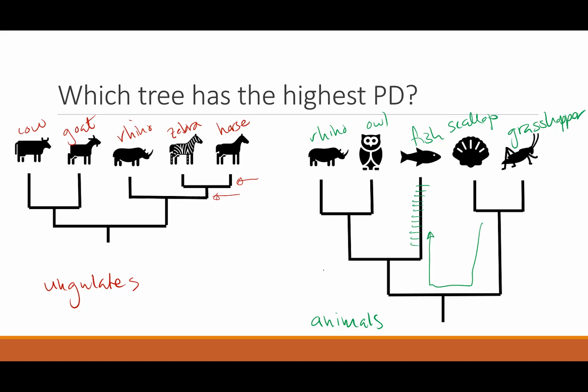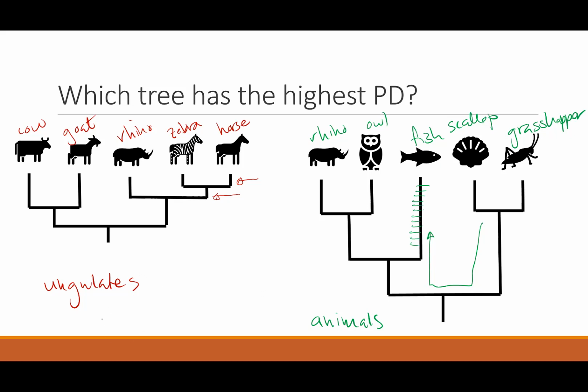If you compare that to the animal tree, you have a larger variety, a wider variety of different animals in that tree, plus the branch lengths are longer, which are suggestive of unique features and mutations that have built up over time. So comparing these two different trees gives us two very different ideas of evolution. Ungulates compared to animals as a whole are less phylogenetically diverse in terms of the phylogeny that we have included.